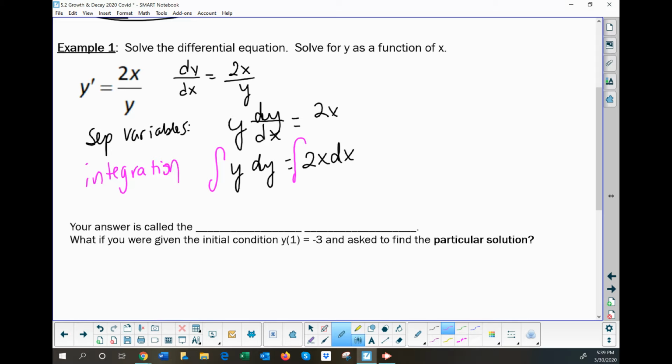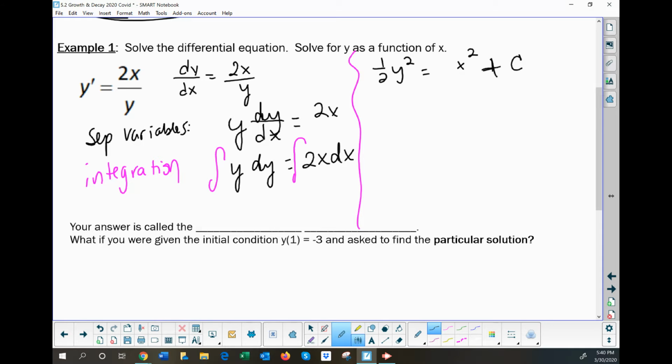And the integral of y, let's just make a boundary here. The integral of y would be 1/2 y squared. The integral of 2x would be 2x squared divided by 2 plus c. But we can see that those 2's are canceling, so I really just get x squared plus c, right?